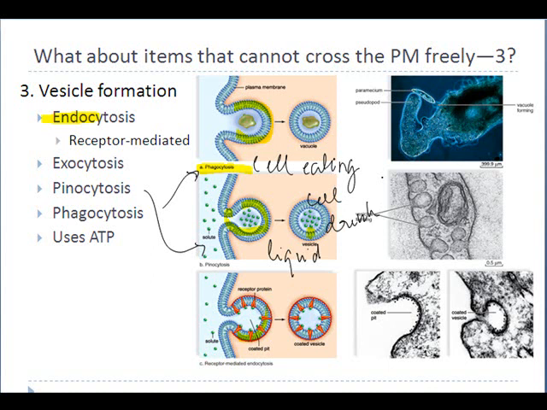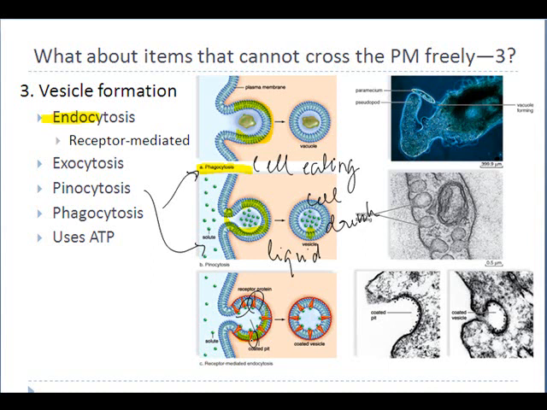Endocytosis can also be receptor mediated, which means that there could be certain receptor proteins, as shown over here, that will mediate and help the formation of these vesicles. Once the vesicle is formed, it can be uncoated, and then it will eventually be released as lysosomes in the case of endocytosis.